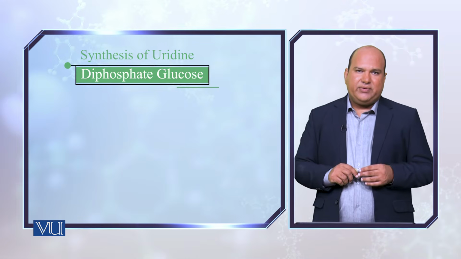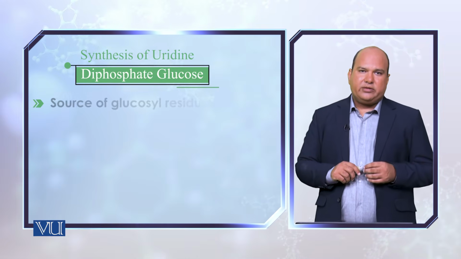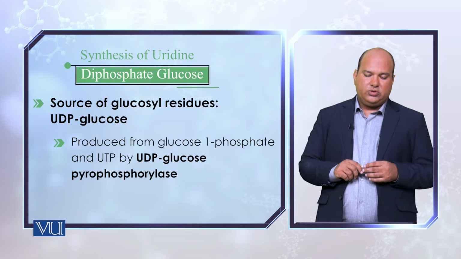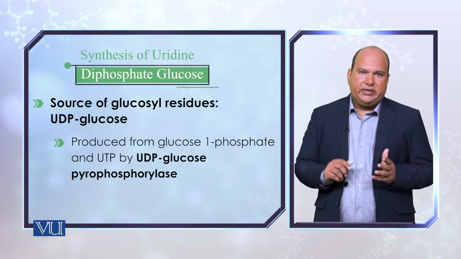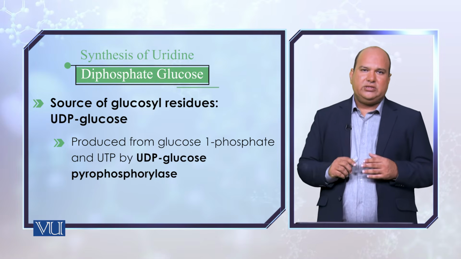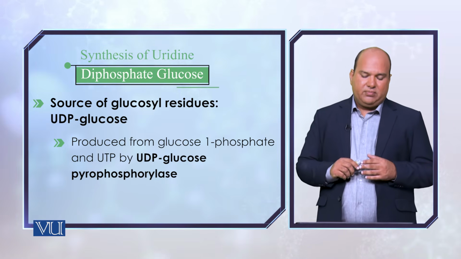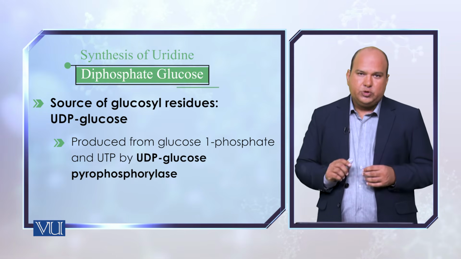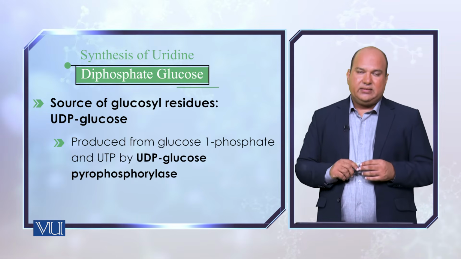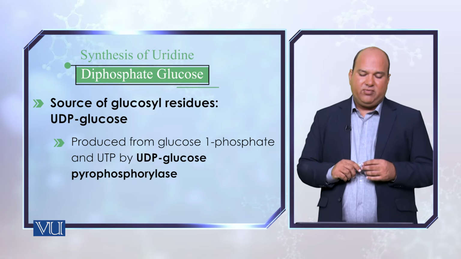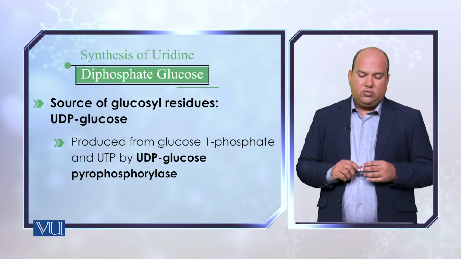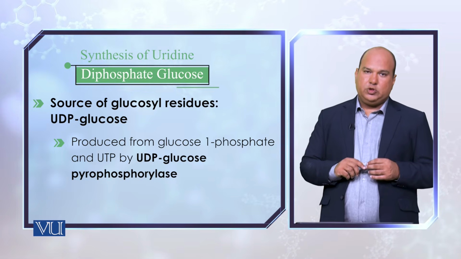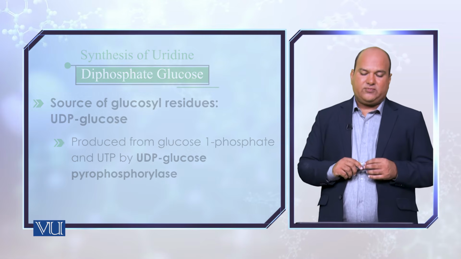Then actually what happens is that glucose, that is alpha D glucose, combines with the UTP to form a glucose UDP complex, and the enzyme which is involved in it is UDP glucose pyrophosphorylase.